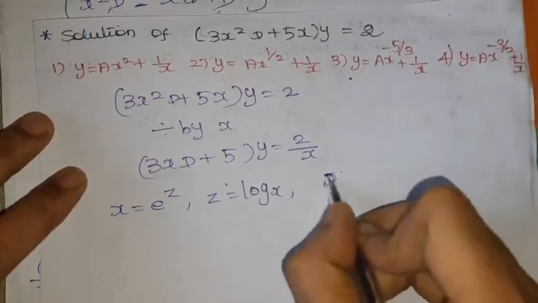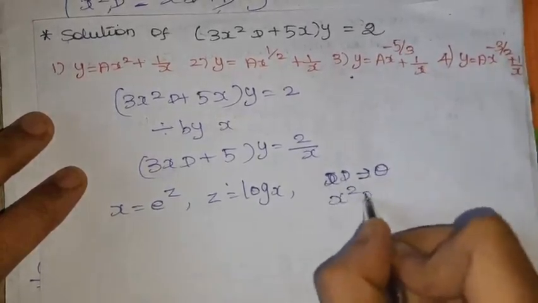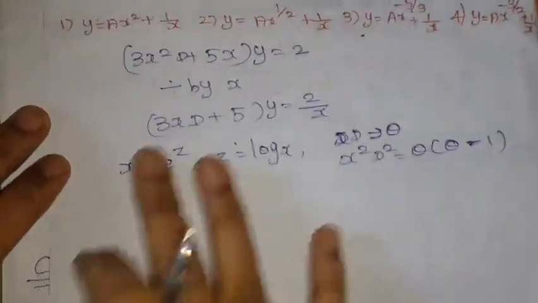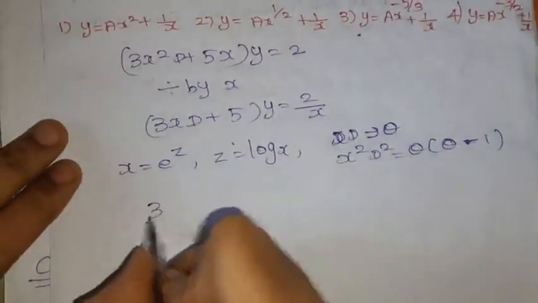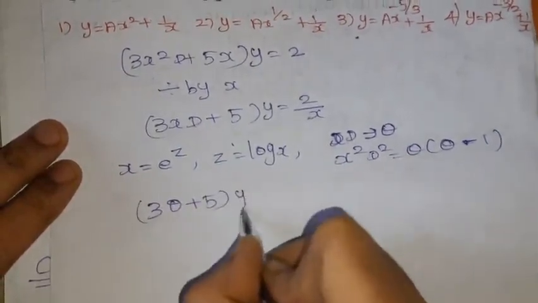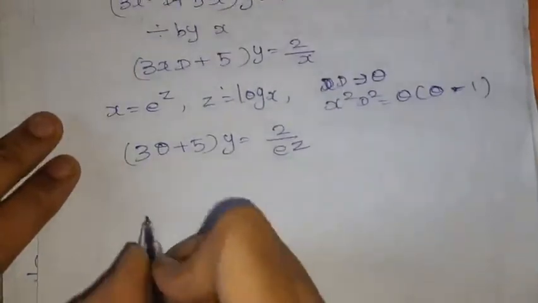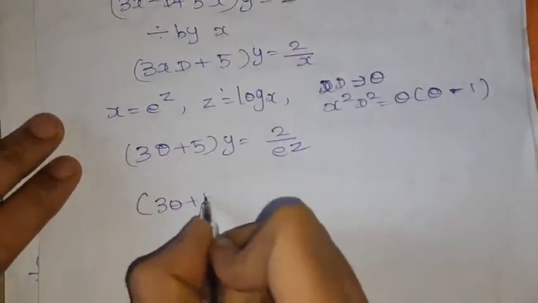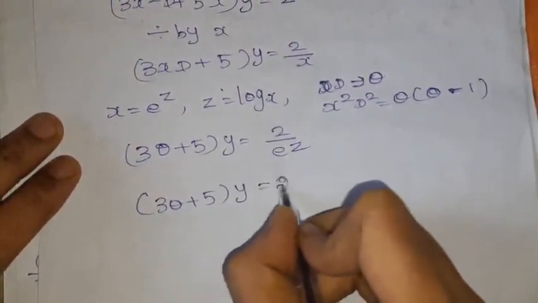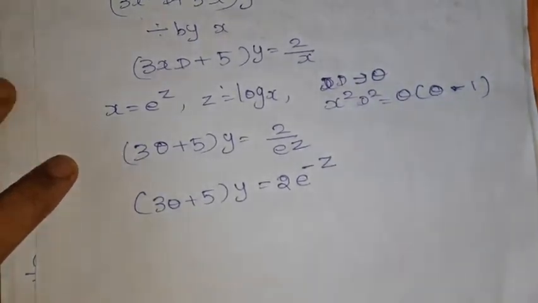Then xD equal to theta, x squared D squared equal to theta into theta minus 1. I'll substitute all this: xD equal to theta, (3 theta plus 5) into y equal to 2 by e power z in place of x, that is 2 into e power minus z. This is the reformed differential equation of variable coefficient.